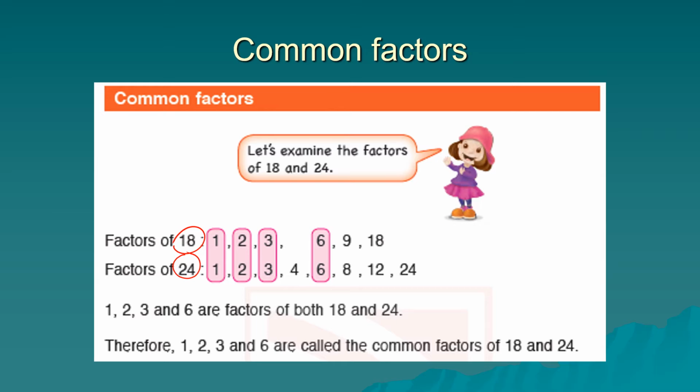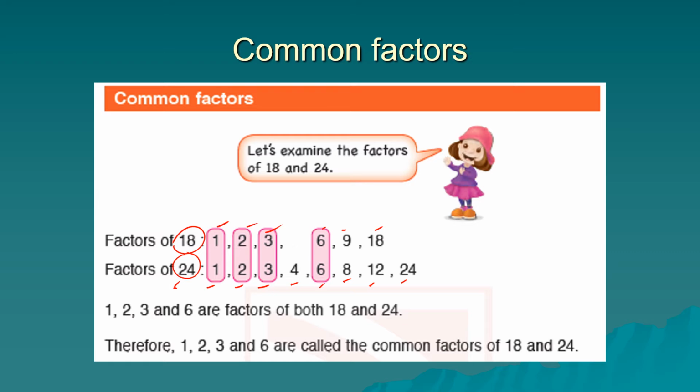Now, let's look for the factors of 18. That's 1, 2, 3, 6, 9, and 18. While 24, the factors are 1, 2, 3, 4, 6, 8, 12, and 24. And then we highlighted 1, 2, 3, and 6. So these are the common factors of 18 and 24. So that is what we mean by common factors.